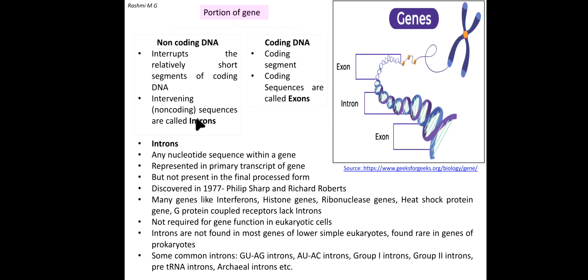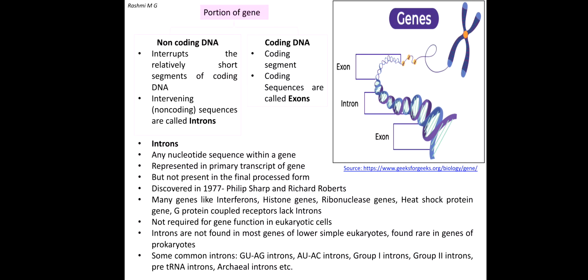As said earlier, it is an intervening non-coding sequence. It is a nucleotide sequence which is represented in the primary transcript of a gene but not present in the finally processed form. There is a process where these introns are removed and exons are preserved.